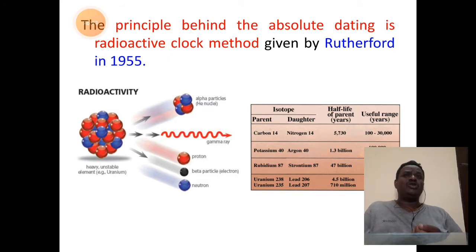Here in the picture you can see a radioactive element on the extreme left breaking down to form the daughter elements, releasing an enormous amount of energy. So it's a very constant process. The number of daughter elements formed are also constant and specific.